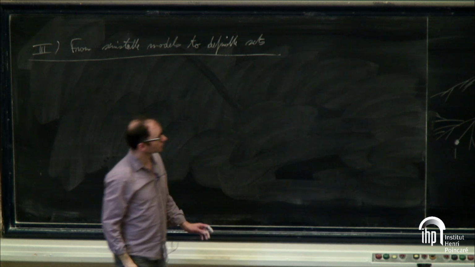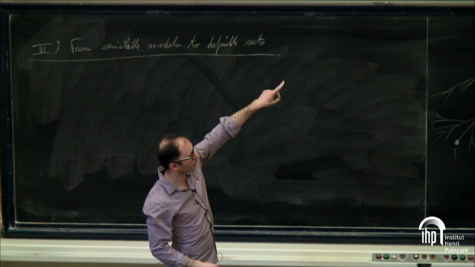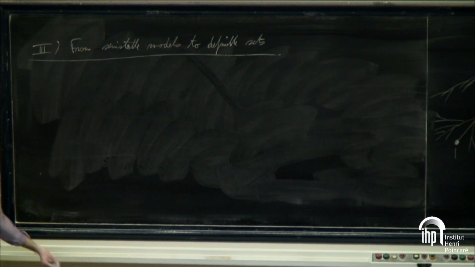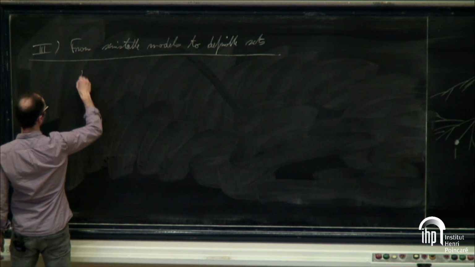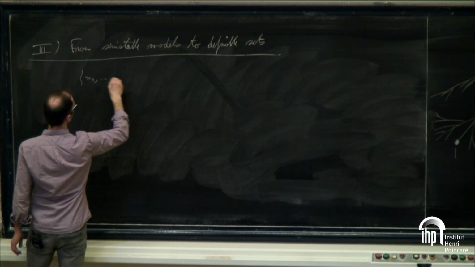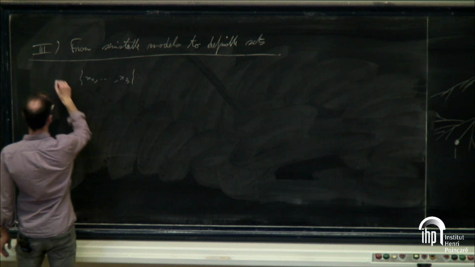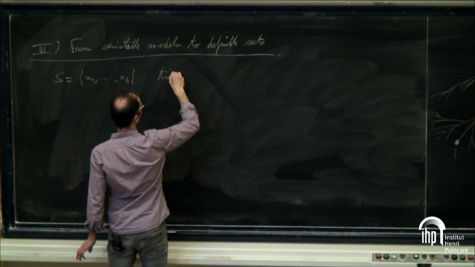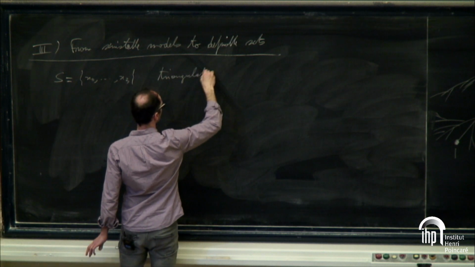Okay. So we will keep in mind the picture upstairs. And in this setting, we have this set x0 to x3, which I will denote by S, which is something that we call, if you want, a triangulation.